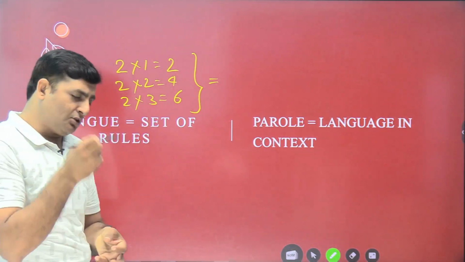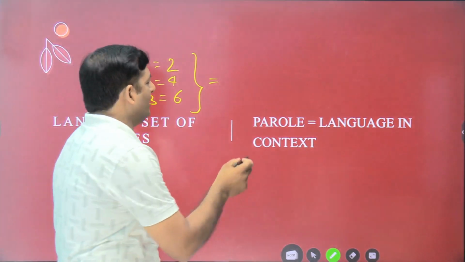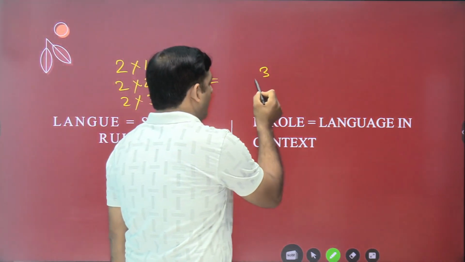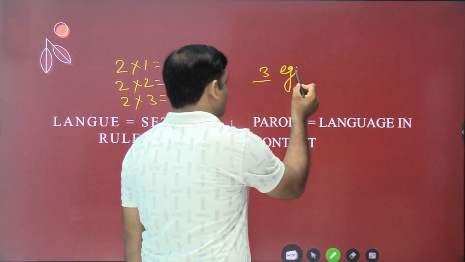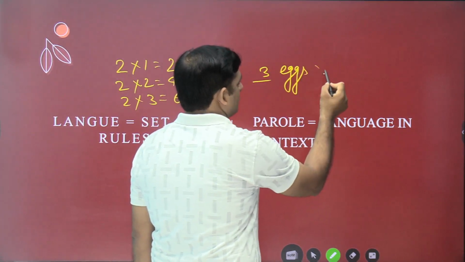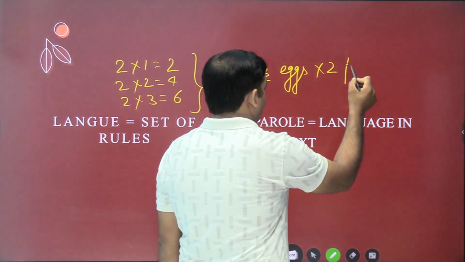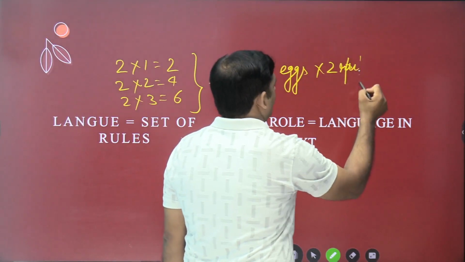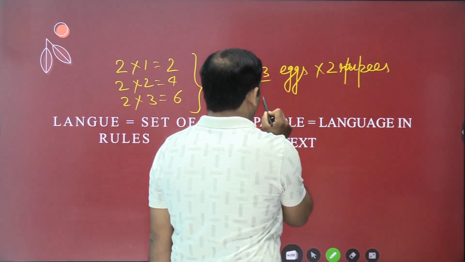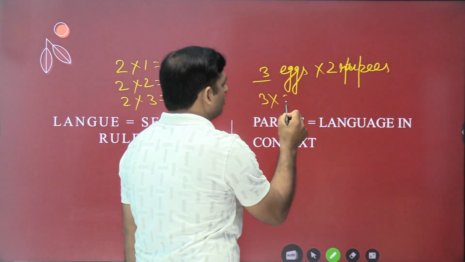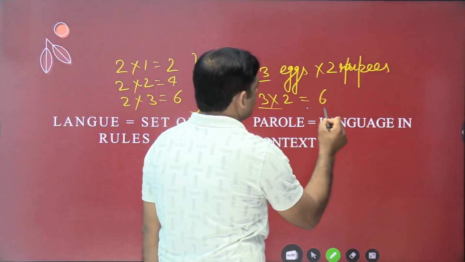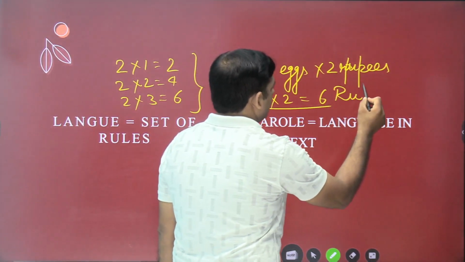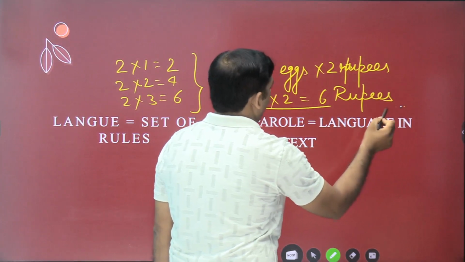But when you go to the market and buy 3 eggs, and 1 egg costs 2 rupees, you multiply 3 into 2 and you pay 6 rupees. You pay 6 rupees to the seller.